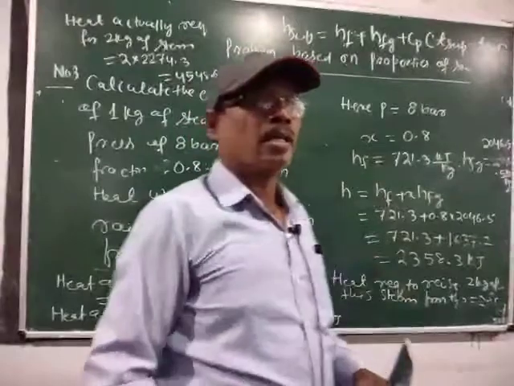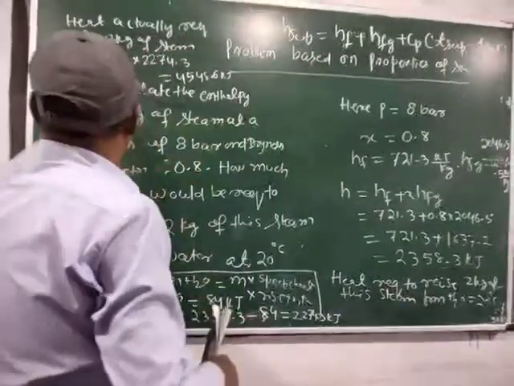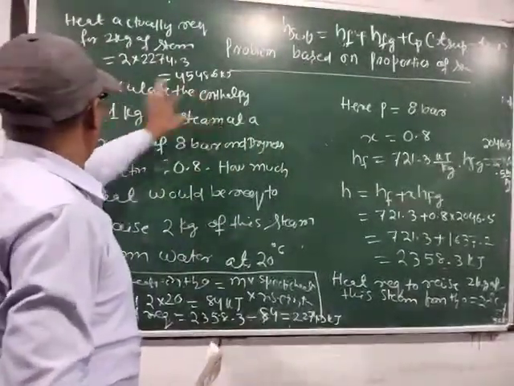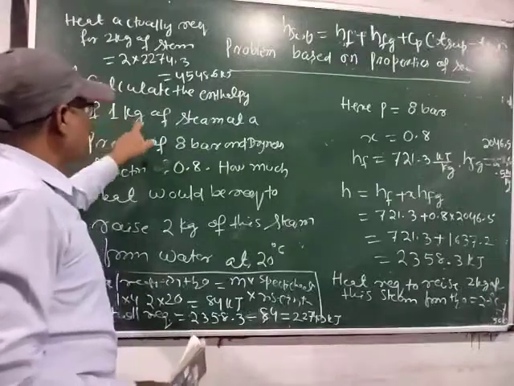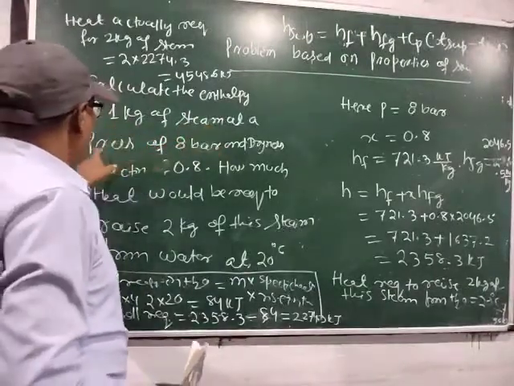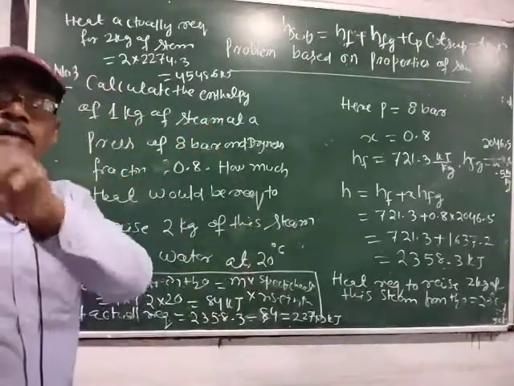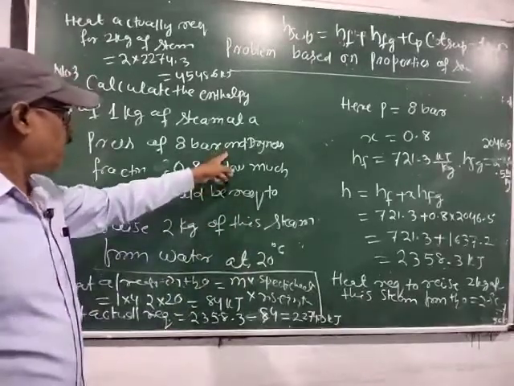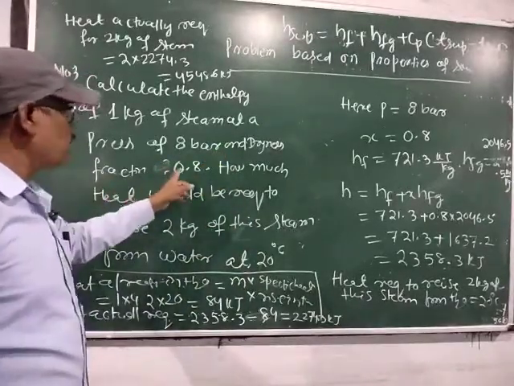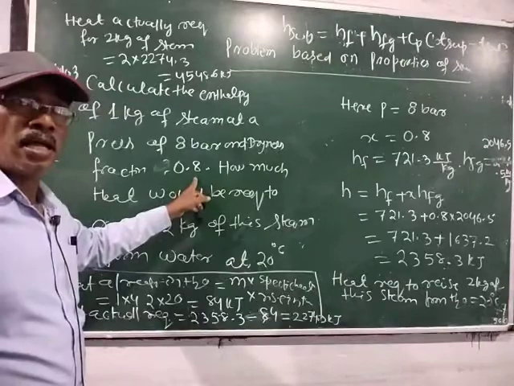Next question, calculate the enthalpy of 1 kg of steam at a pressure of 8 bar and dryness fraction 0.8.